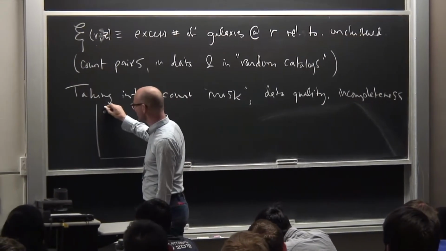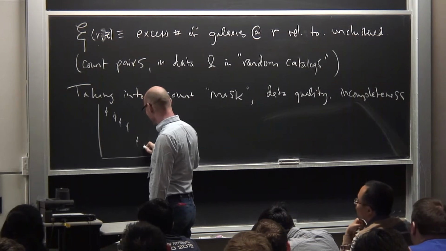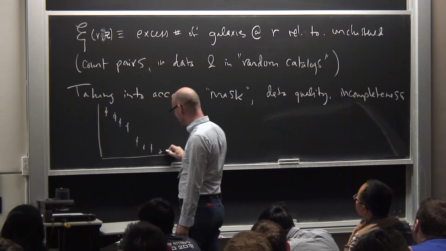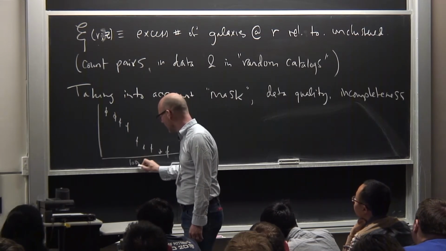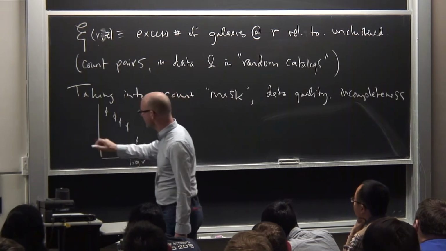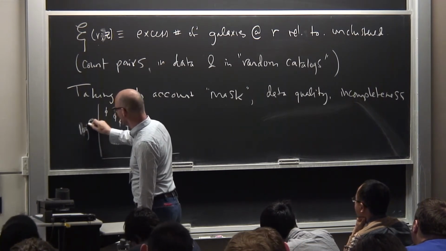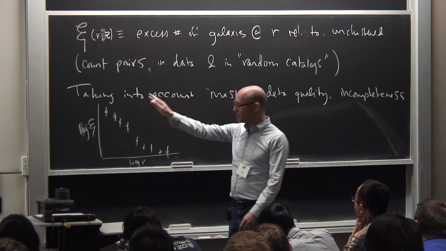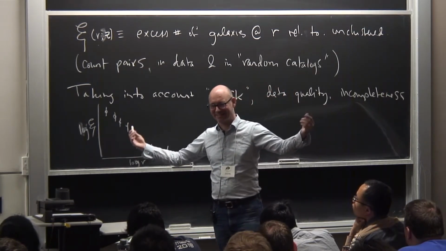I mean, it's still more than the mass of the Higgs, but what? On some log-log plot. So this is log R, this is log of that radius, and this is log of that correlation function, and we get some points like that. Now what?